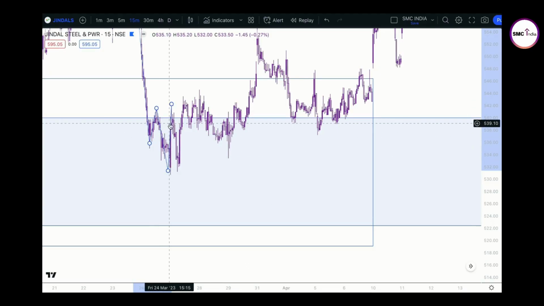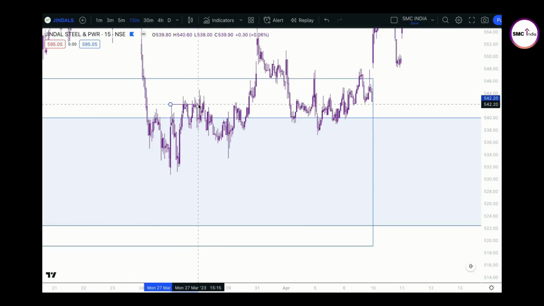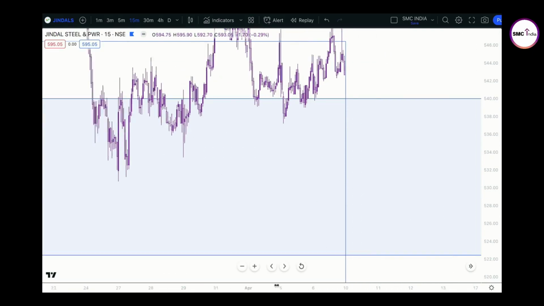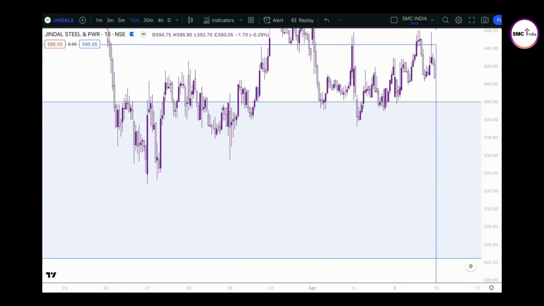But what it does next is that the price broke this high here. So after you see that the price consolidated for a bit and closed above this level, you consider this as a change of character in this demand order block, and you look for trading opportunities here.